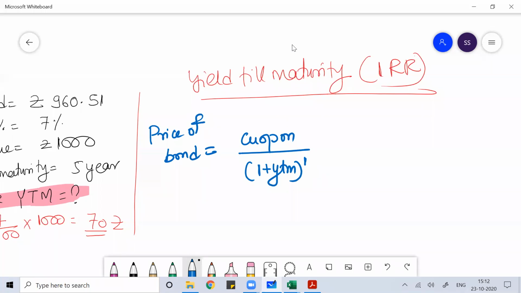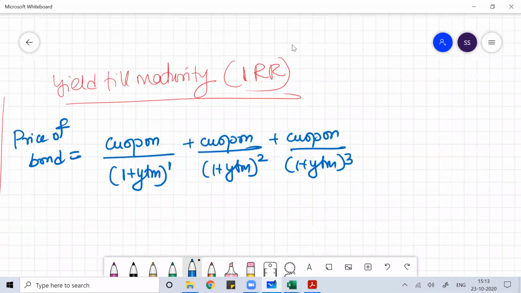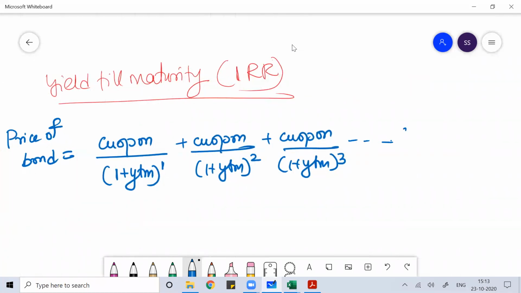So the coupon you are receiving comes after every regular interval of time. Here I'm assuming that I'm getting the coupon at the end of every year, so there is a coupon at the end of the third year, and like this every time period you get the coupon. Find the present value of this coupon.